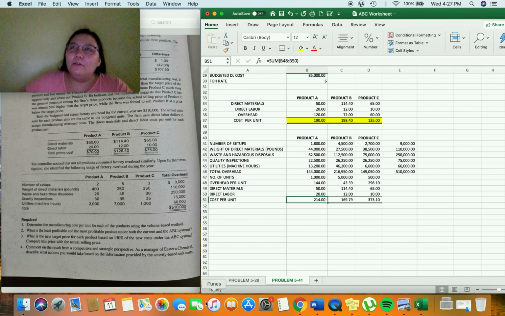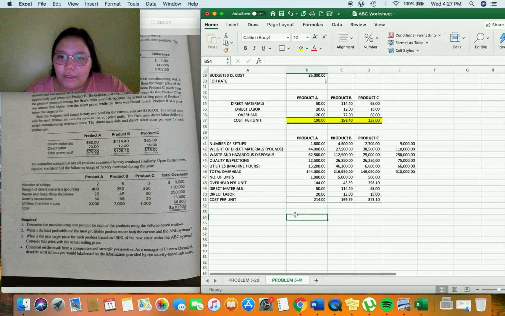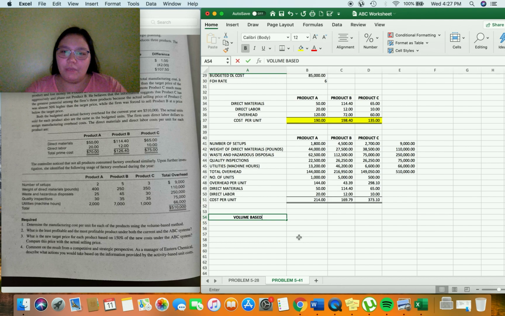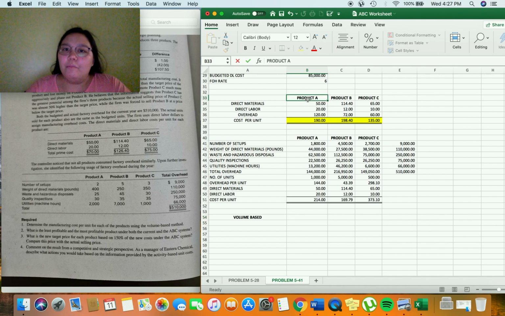Kasi we all know that profitability or the profit is the difference between the selling price as well as the cost of the product, no? So that's what we're going to do, diba? So sige, tingnan natin to ha. So under volume based, we are going to get the cost of each product. Diba? Product A, B, and C.